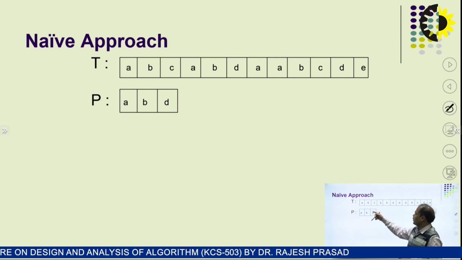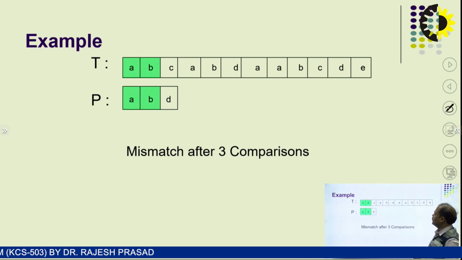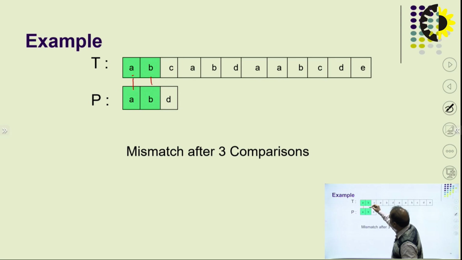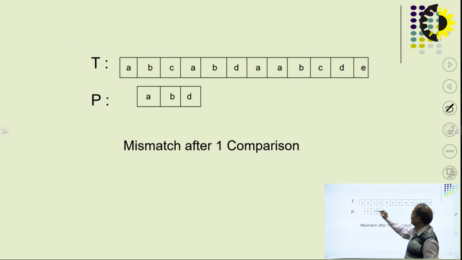Given this text and this pattern, in the naive approach we compare one by one from the left. A is equal to A, B is equal to B, and then C and D, there is no match. Since there is no match, we shift the pattern by one.